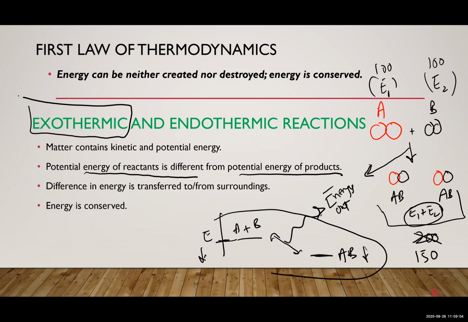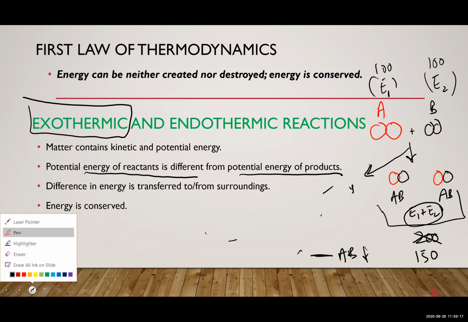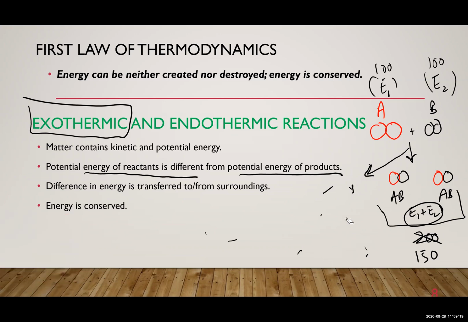So let's look at an example where it's exactly the opposite of what just happened. Okay, imagine that we have another case in which again A and B are reacting. I'll keep the money logic again.